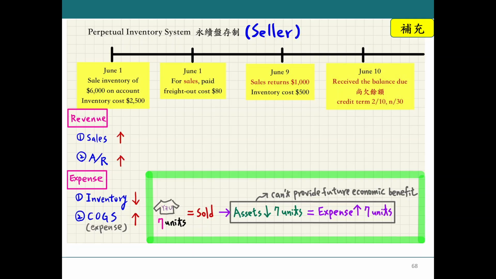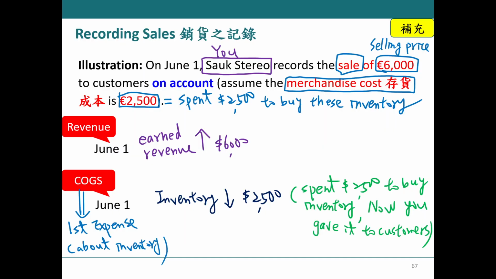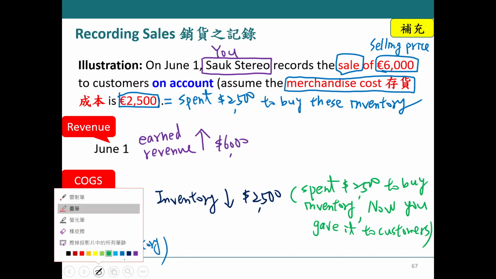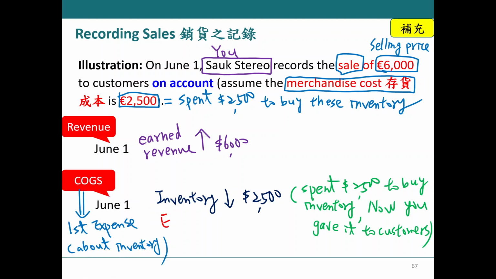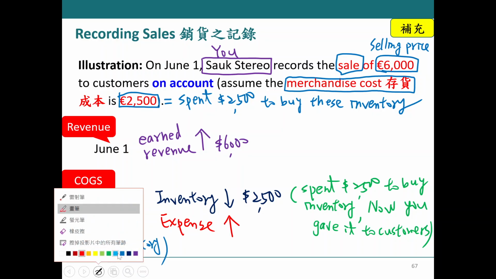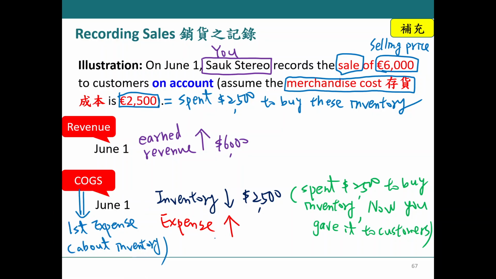Because you cannot have it in the future. But now you can get what? You can get the revenues, right? So at the same time, your expenses increase. Okay? Your expenses increase. Why? Because no future economic benefit. No future, but you have now.